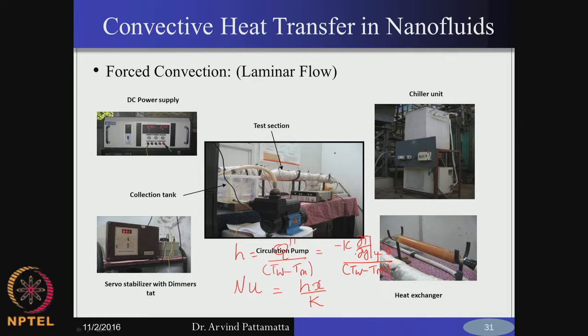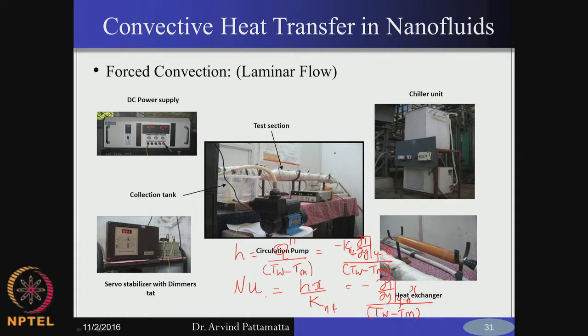So now for the nano fluid this becomes k nano fluid. So if you use nano fluid in the definition of Nusselt number, what happens? If you substitute this, this will become minus dT by dy at y equal to 0 times x by T wall minus T m. So the thermal conductivity gets cancelled out.